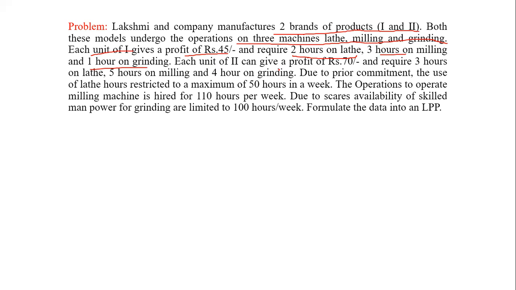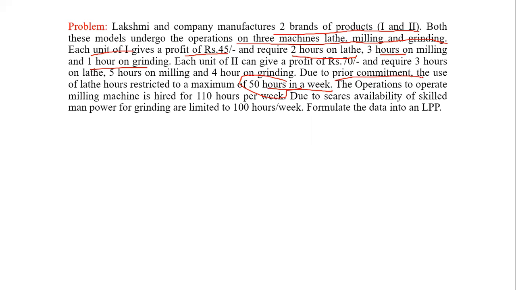And I cannot use the machines 24/7 because I have 7 days in a week. So for each day I have 24 hours. So the total number of hours in a week is 24 into 7, right? But I cannot use 24 into 7. I can use only 50 hours. That is the prior requirement.